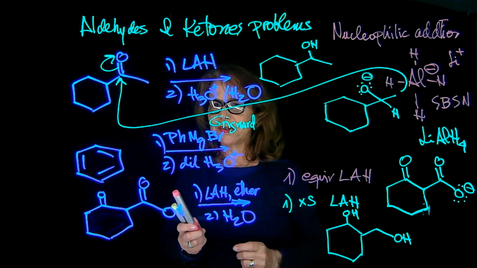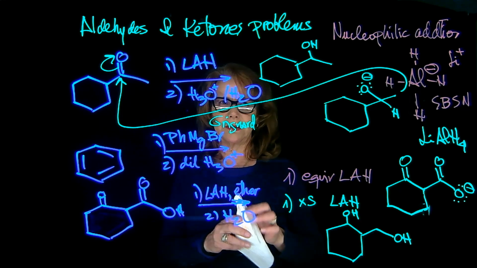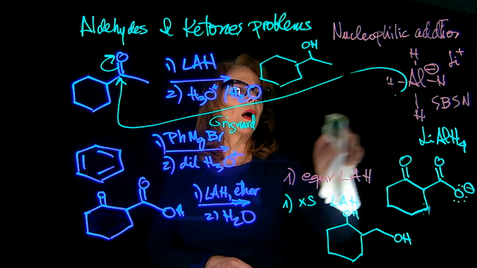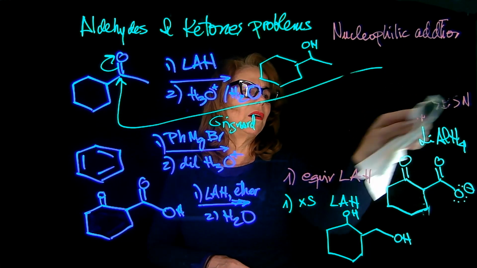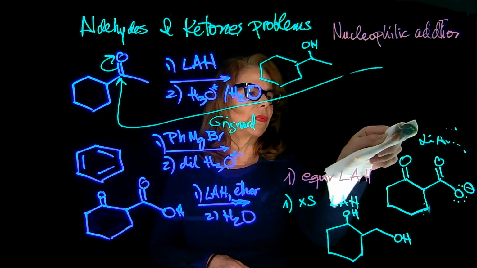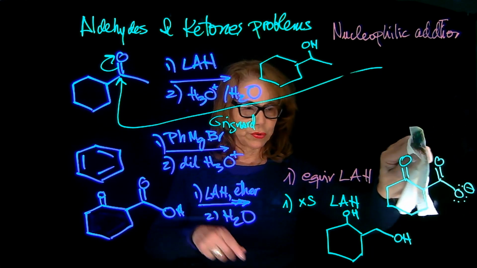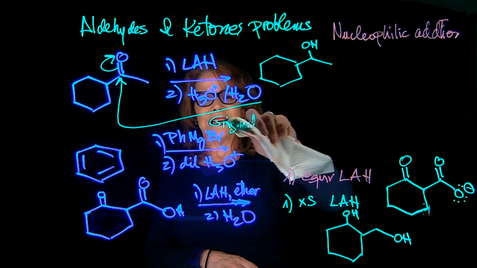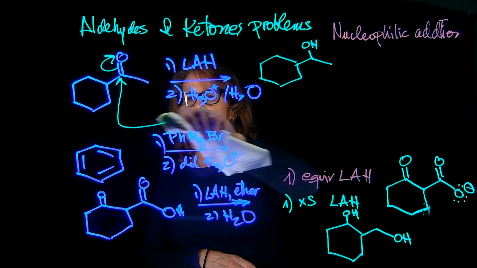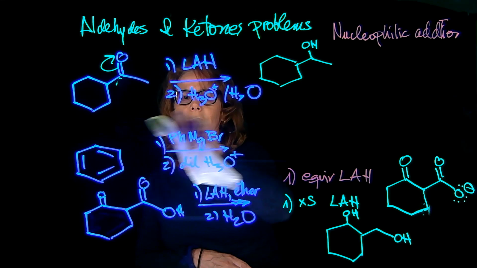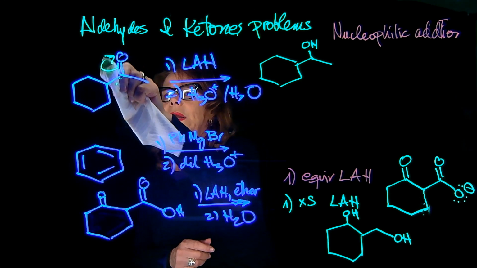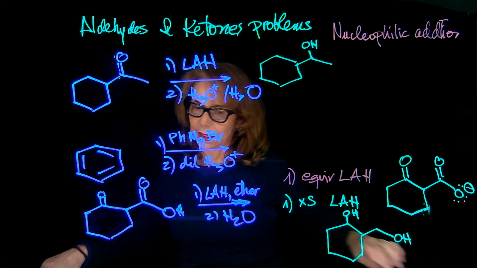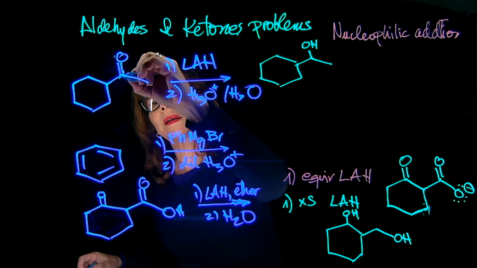Okay, the last reaction that I have here is Grignard, and for that, I'm just going to remove this. Now, understanding what is the nucleophile here: when you're treating this with phenyl magnesium bromide, what we do to make the phenyl magnesium bromide is the reaction of the alkyl halide with magnesium.